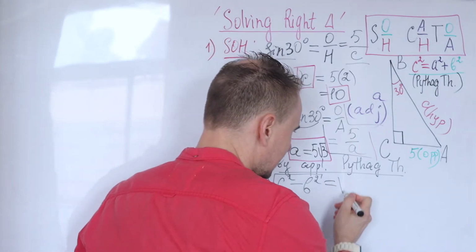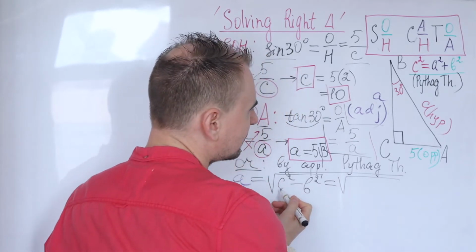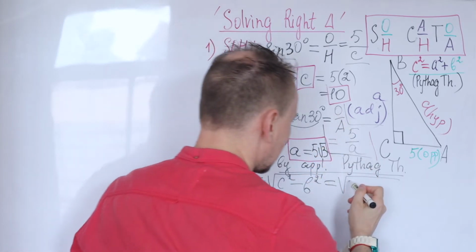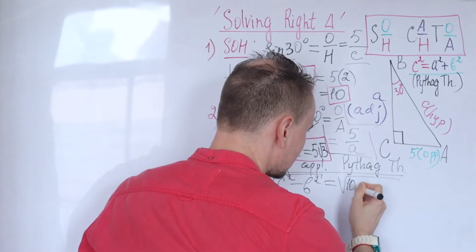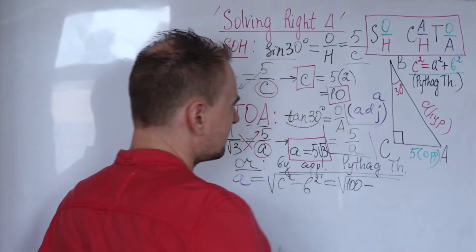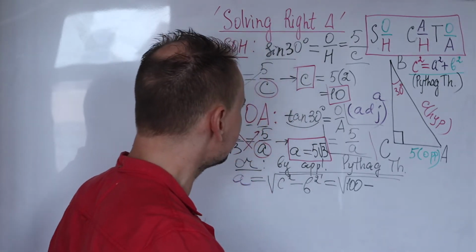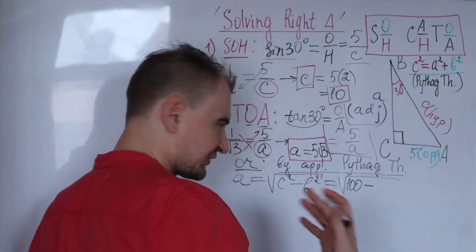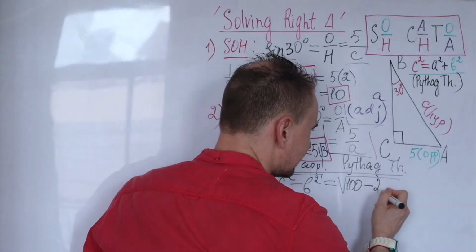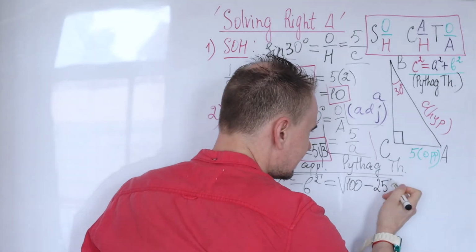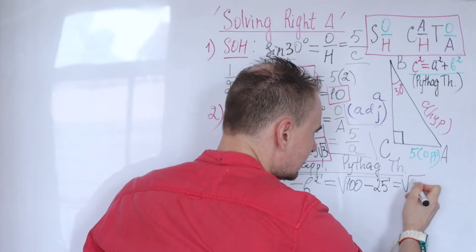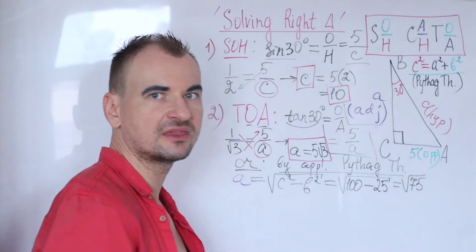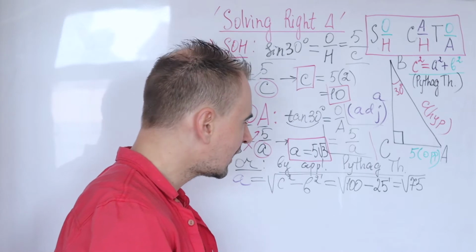C squared, your C is 10, and you square it, so it's 100, minus B squared, your B is 5, and you square it, becomes 25. Just do maths, and you will be left with 75 underneath your square root.